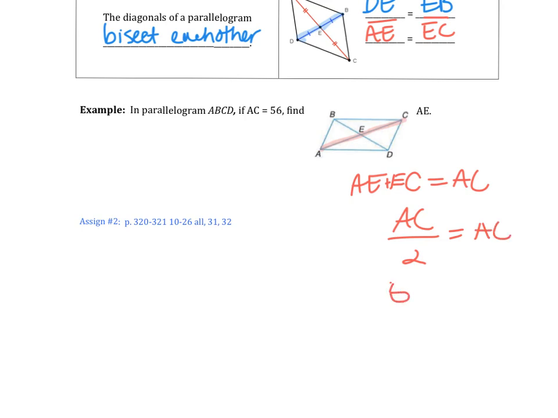So I'm going to take 56 and divide that by 2, and I get 28. So I know that segment AE is equal to 28. Okay.